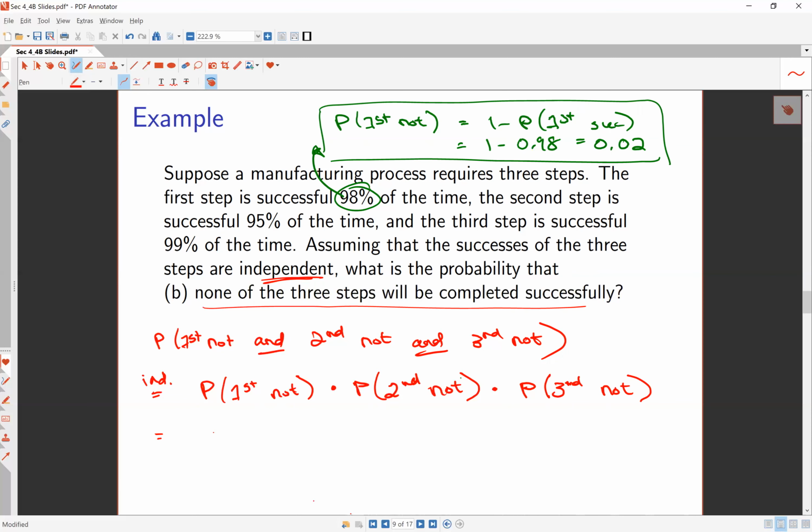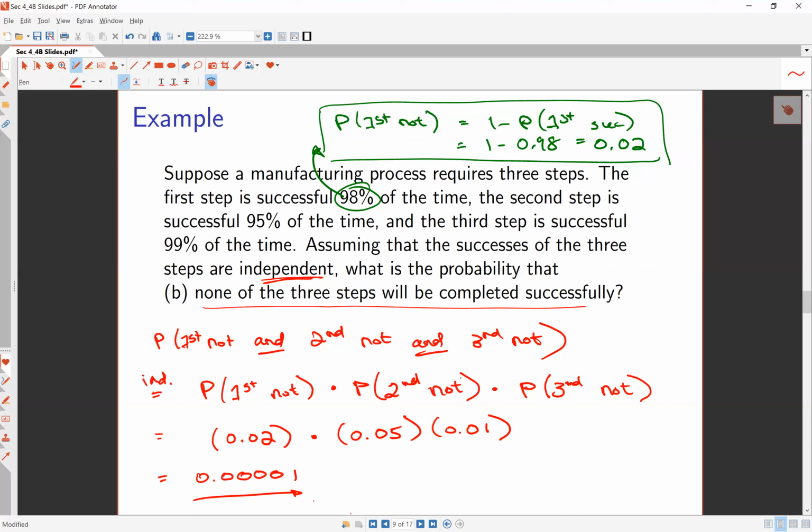So what I have here is a 0.02, and a similar calculation for the second one gives me 0.05, and a similar calculation for the third one gives me 0.01. And if I multiply these, I'm making an exception and not rounding to 4 decimals, because they would just be 0. I'm writing all 5 decimals so that I have a non-zero solution. But there we have it.